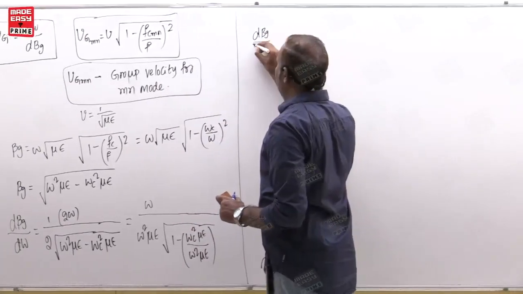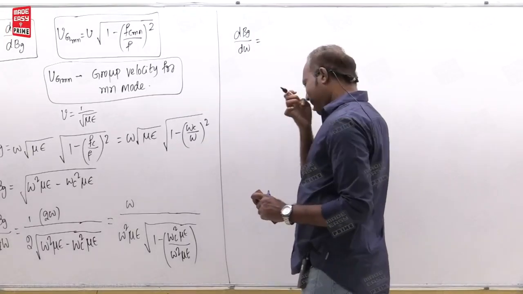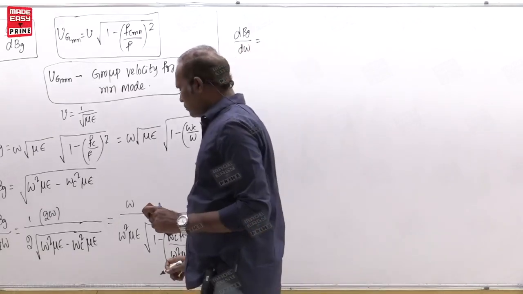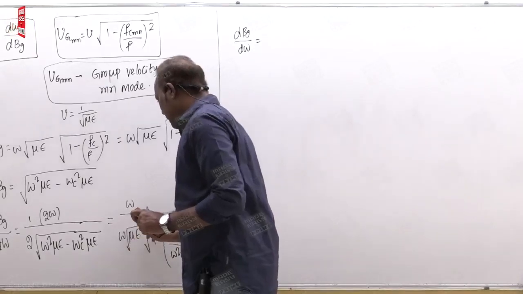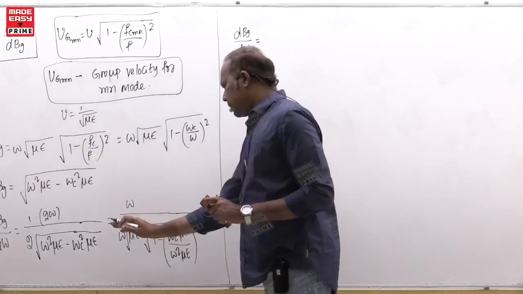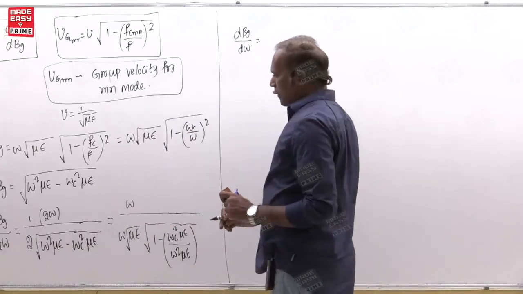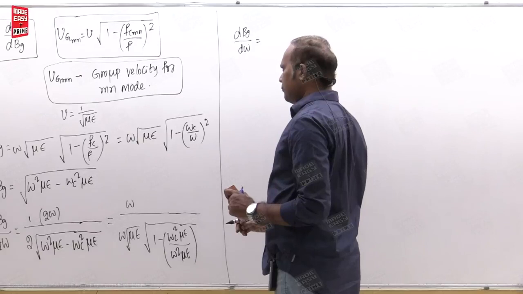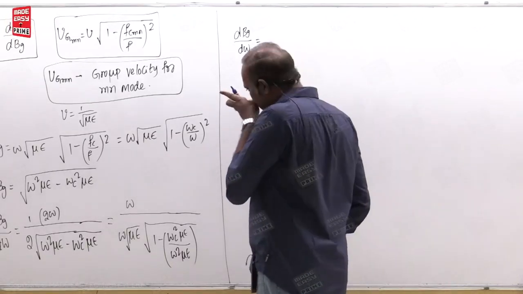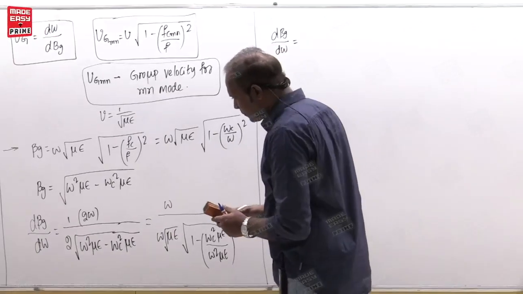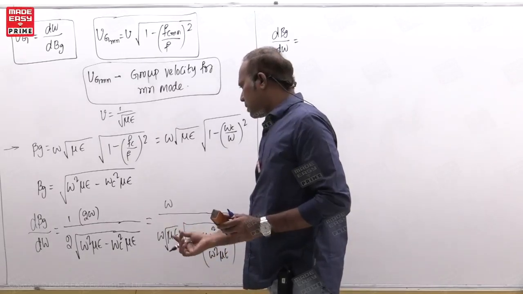Now d beta g divided by d omega is equal to omega, you pull out now, omega root mu epsilon comes. So this one, this cancels. 1 by 2 root x, that is fine.